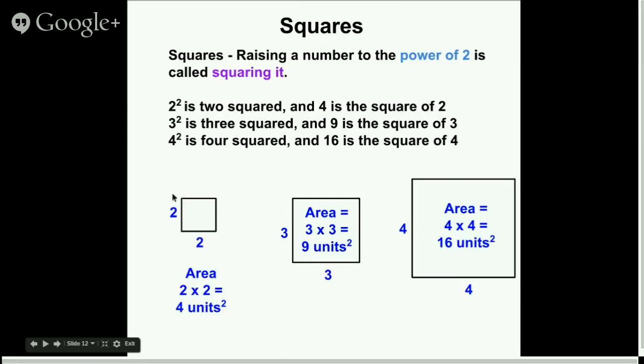A square has side lengths that are equal to each other. So it's the same number, 2 and 2. So to find the area, you have to multiply this number by itself, because all the side lengths are the same. So that's why we call it squaring. 2 squared makes a square with an area of 4. 3 squared makes a square with an area of 9. 4 squared makes a square with an area of 16.